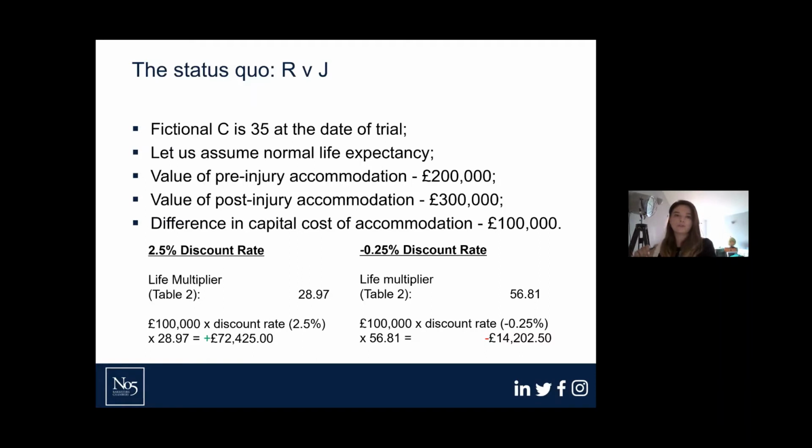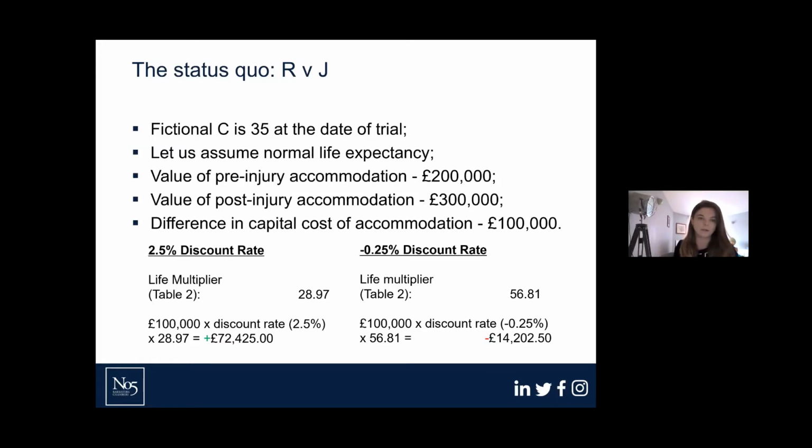So we can see the problem straight away. If one takes a fictional claimant who's 35 at the date of trial, we assume she has normal life expectancy. And to take a very basic example, ignoring adaptations or betterment or anything like that, one can see that if we run with a pre-injury accommodation of £200,000, a post-injury accommodation of £300,000, if we run it on the old discount rate, so 2.5%, straight away we can see the difference in multipliers between a positive and a negative discount rate.